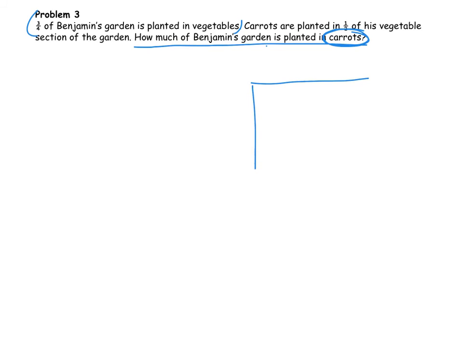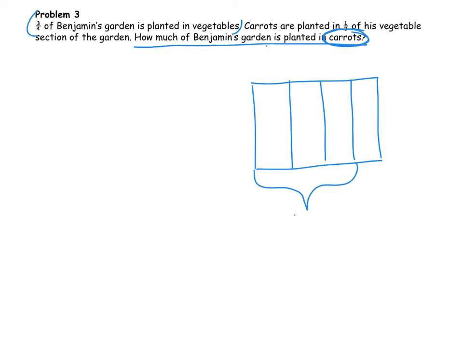So if I do my area model, here's my 3/4. So I'm kind of going to show you another way so you don't have to do all the shading. And carrots are planted in 1/2 of his vegetable section.